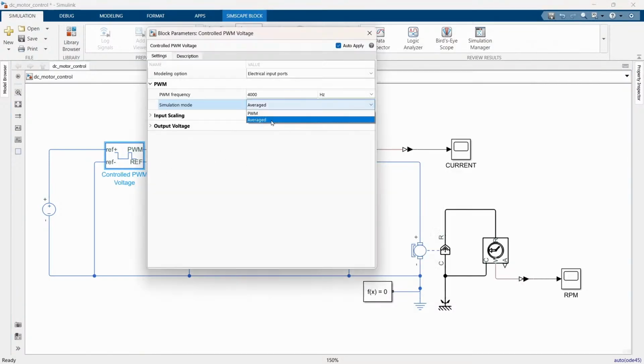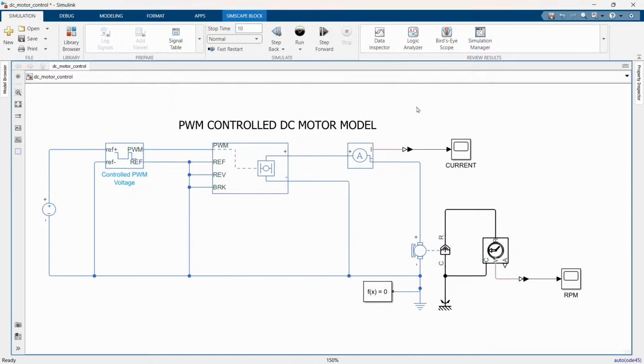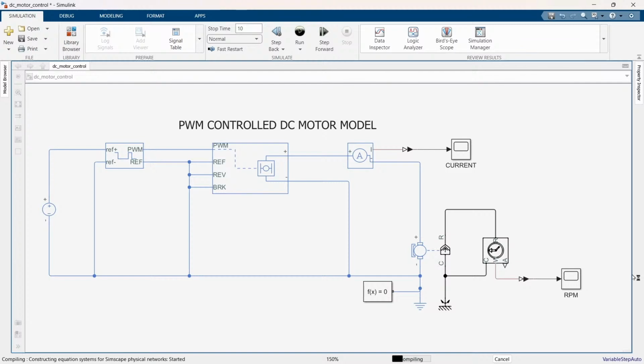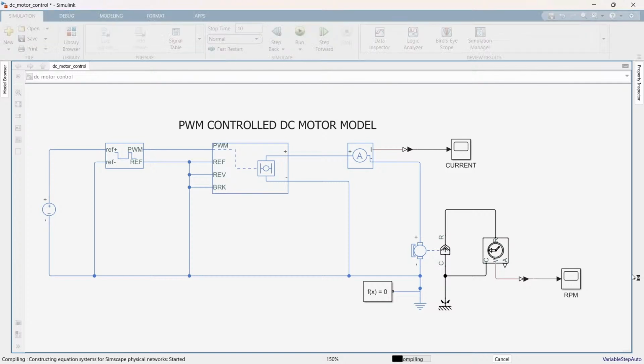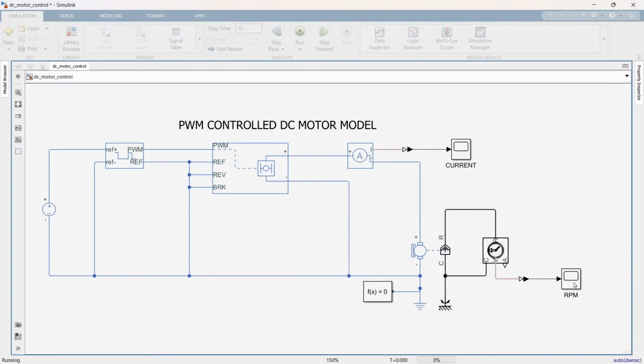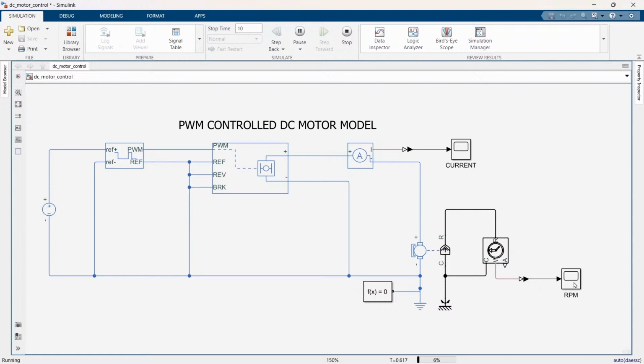So here you have to change this to PWM mode. Now you have to run the simulation. So this controlled PWM voltage block, as I said earlier, generates this PWM signal, it switches on and off rapidly, so controlling the average voltage that is applied to the motor.